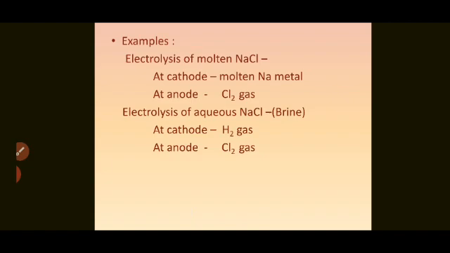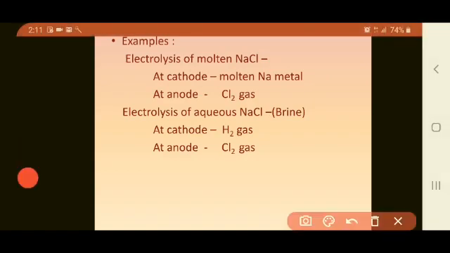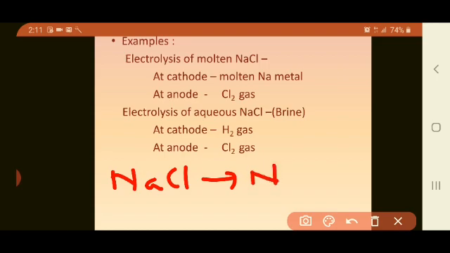So when such electrolyte is used for the electrolysis, means in this molten NaCl, if two rods are dipped, one attached to cathode and another attached to anode, then at cathode we will get molten sodium metal, at anode we will get chlorine gas, because NaCl decomposes as Na plus and Cl minus.